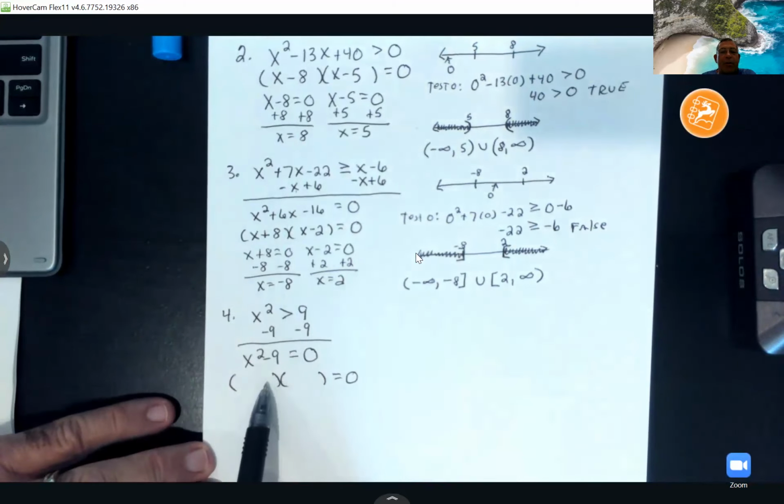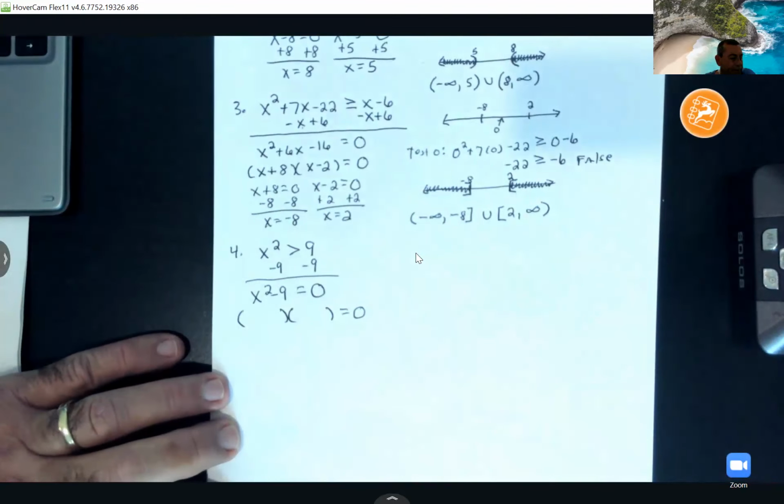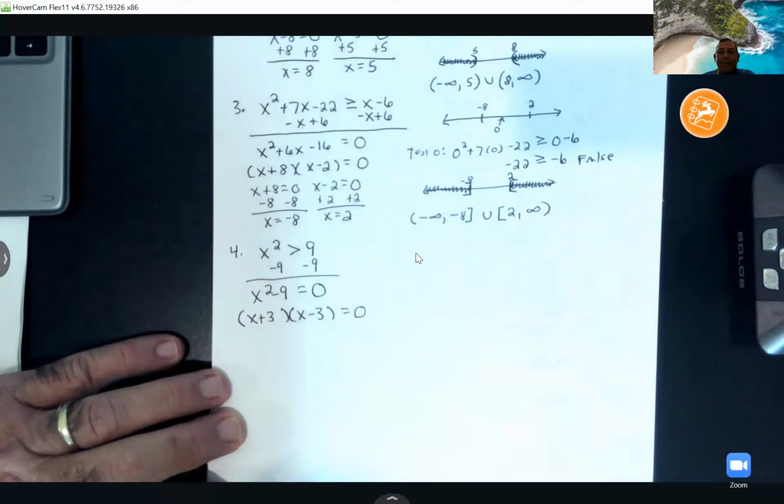So since that's perfect squares, what does this x squared minus 9 factor into? Will it be x plus 3 and x minus 3? Oh, that sounds good to me. There you go.